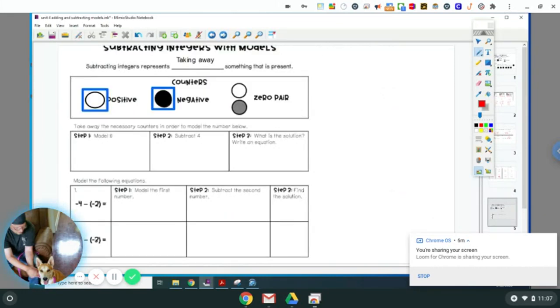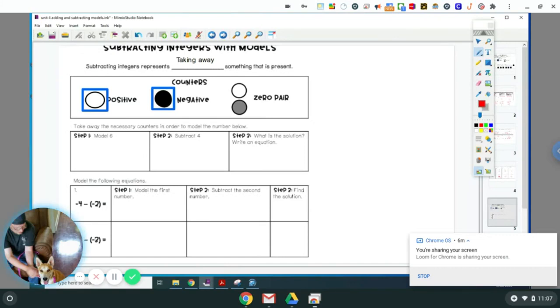Okay, so now this is subtracting integers, and we can look at it the same way. So we're not going to do the models again because I'm going to show you a very cool technique. So we have -4 minus -2.